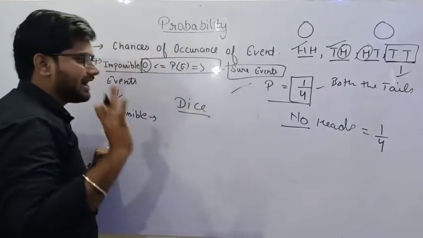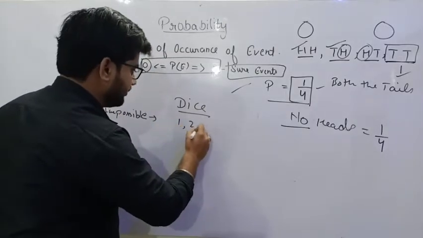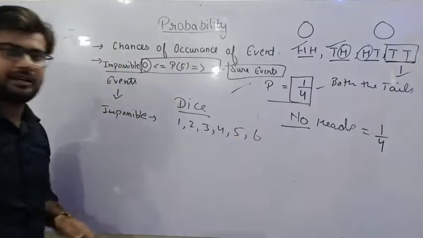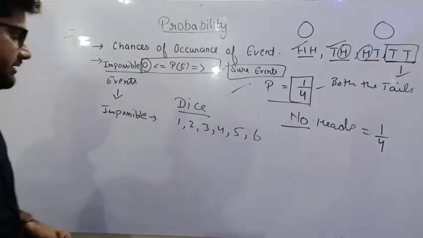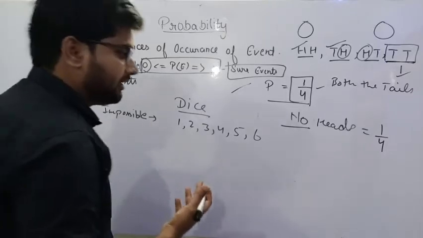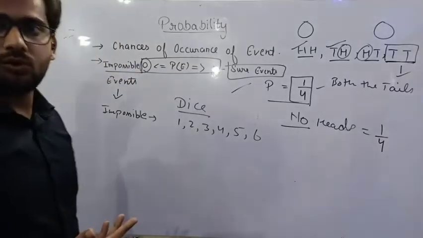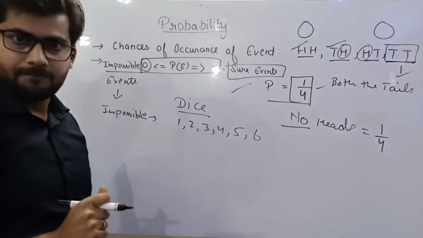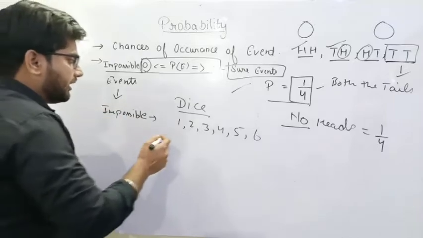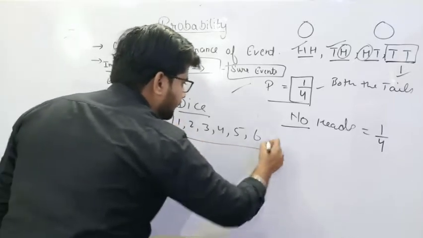As you all know, a dice has 6 faces: 1, 2, 3, 4, 5, 6. If I say to you, find the probability of getting 0 when we throw a dice, we all know that a dice only contains the values from 1 to 6.